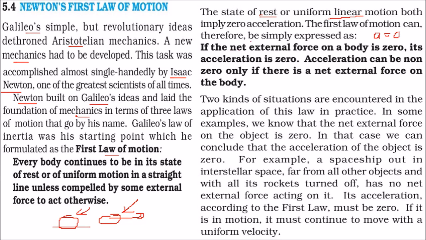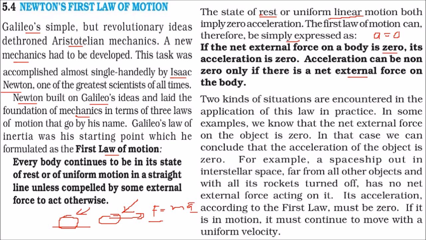How can we express it again? If the net external force on a body is zero, its acceleration has to be zero. We'll see later, in the second law of motion, that F is equal to ma. If the acceleration is zero, force is zero. So acceleration can be non-zero only if there is a net external force on the body, right?